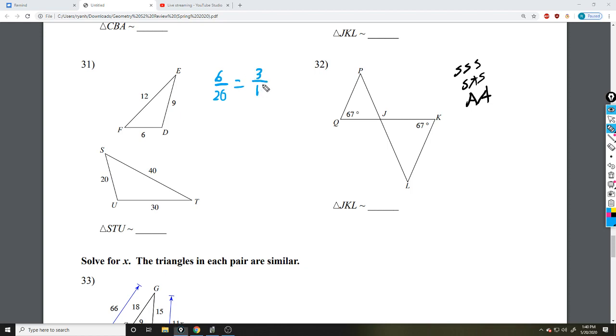That's 3 over 10. Then our medium side here is 9. We're going to set up with a medium side here, which is 30. Those are both divisible by 3. 9 divided by 3 is 3. 30 divided by 3 is 10. Great. We're good so far. If this last one matches, then they're similar.